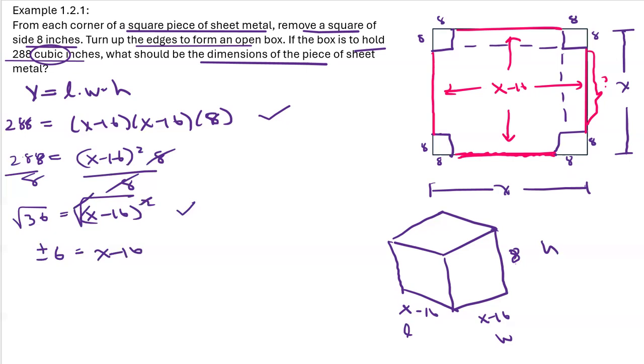So what's going to happen again? This is a quadratic, so that means we're going to have two separate equations. One's going to be 6 is equal to x minus 16. The other one's going to be minus 6 equals x minus 16.